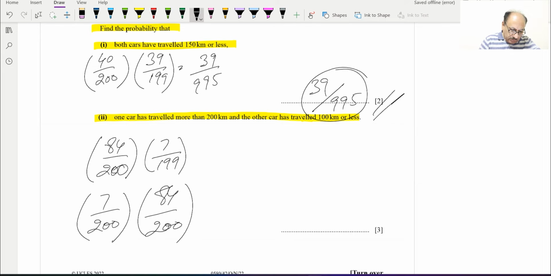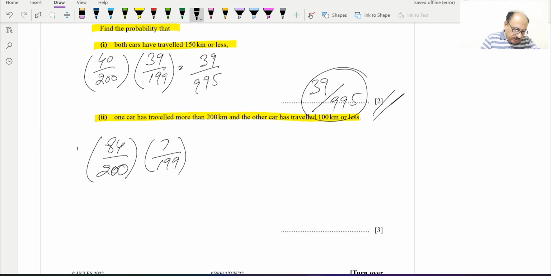So these two options we will have to add, or we can directly multiply by 2, because we can take this first or this first, so there are two options. Hopefully you understood this.